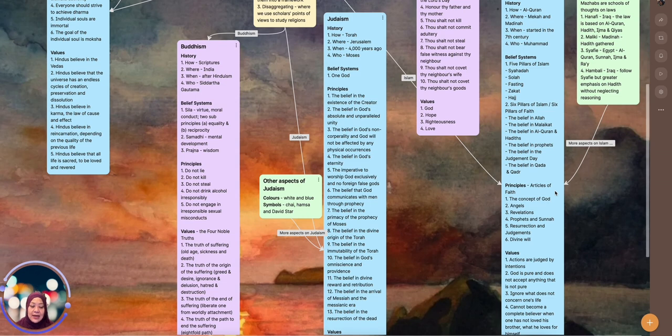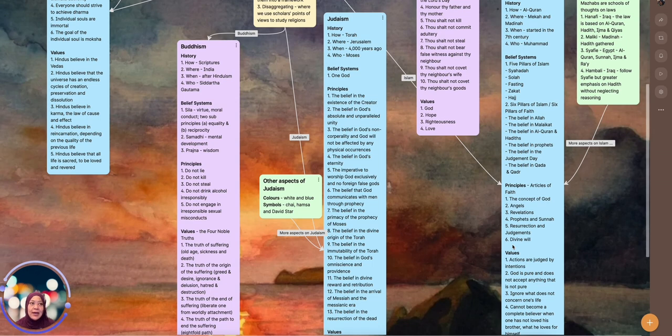Now, if you look at, for example, the belief in Qada and Qadar, the belief system, the belief in Qada and Qadar is you have to understand and accept the fact that some of whatever you have in your life is actually given and determined. You cannot change this, and some you can change. The fact that some you can change is where you have to understand the divine will.